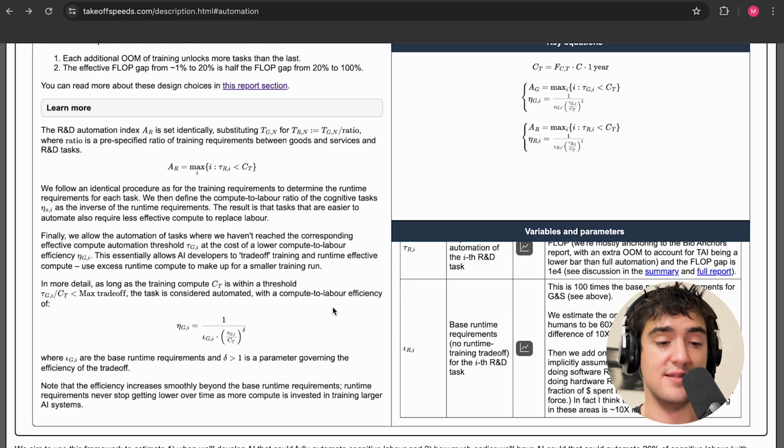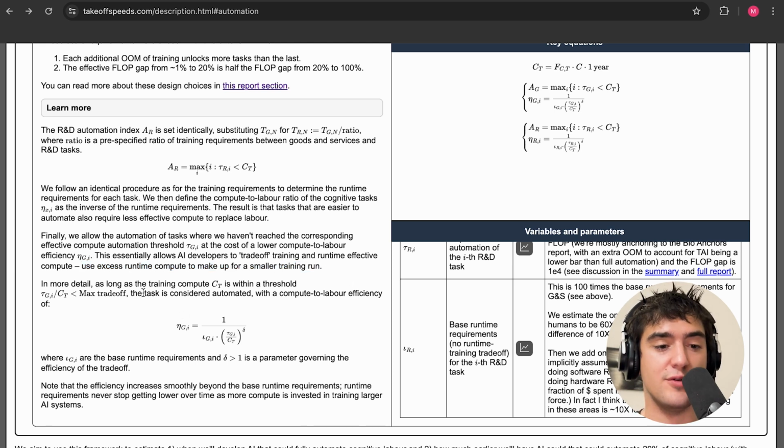So let's say instead of training GPT-8, you train GPT-7, but you run 1,000 GPT-7 at the same time at inference. And these 1,000 GPT-7 at runtime will enable you to solve most of the tasks that your GPT-8 would solve. This is what these last paragraphs are about. We're trying to use excess runtime compute to make up for a smaller training run.